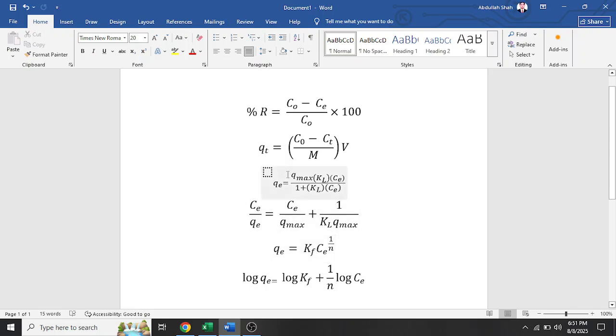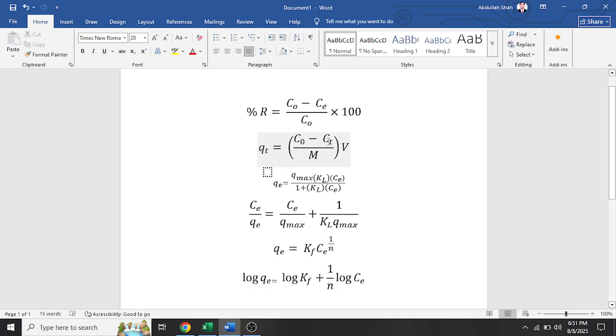But for these plots, we should know the CE and QE, the equilibrium concentration and the equilibrium uptake. Now, how can you obtain the equilibrium uptake? Equilibrium uptake can be obtained from this equation. This is the Ct Qt.